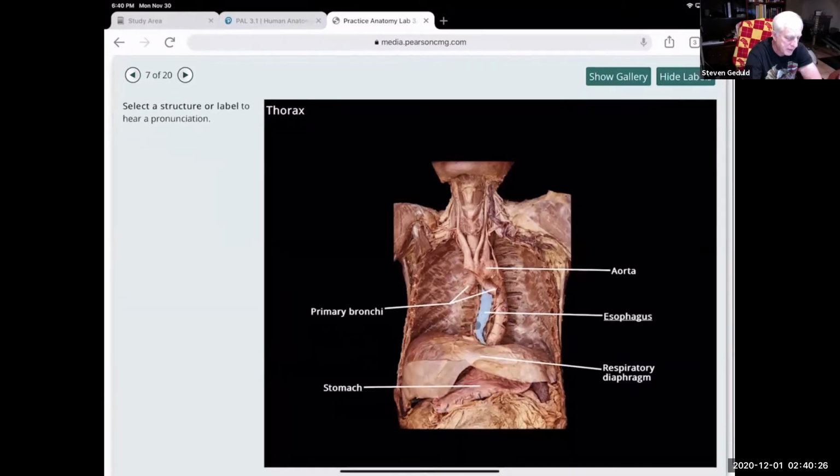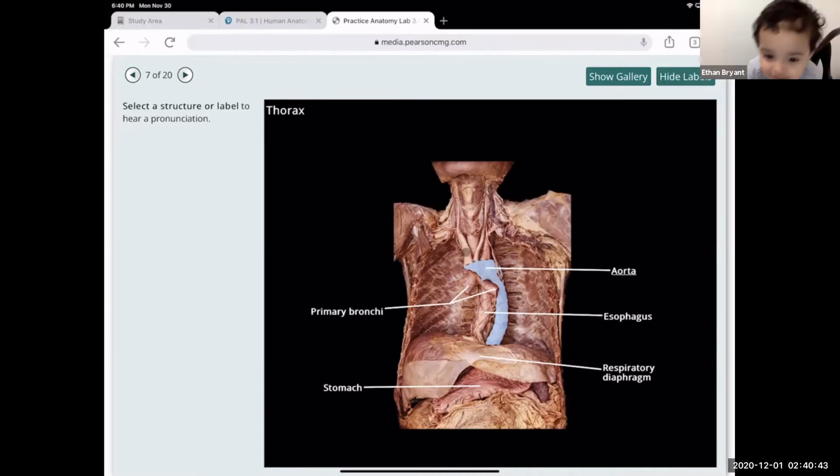Okay, see these three vessels coming off the aortic arch, because here's your aortic arch. This is your descending aorta. This is your thoracic aorta. Okay, if you look at this vessel right here, everybody see my little dot? Okay, what vessel is that? Brachiocephalic. Brachiocephalic trunk. Perfect.